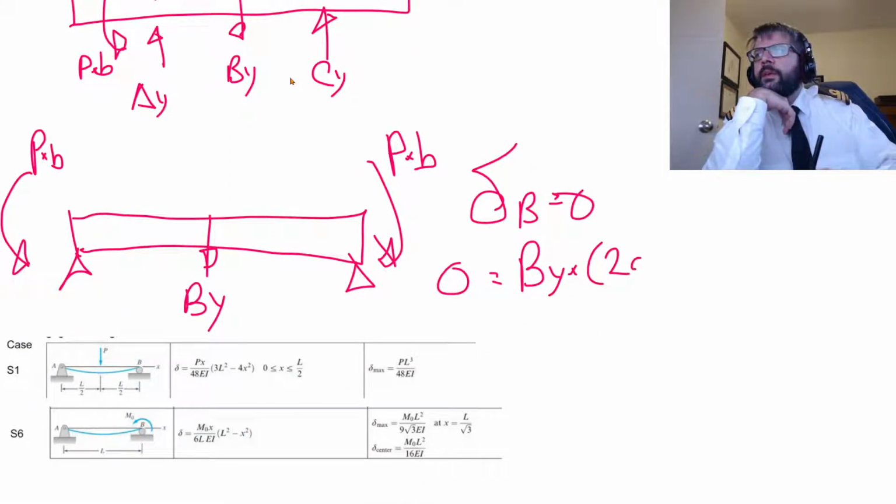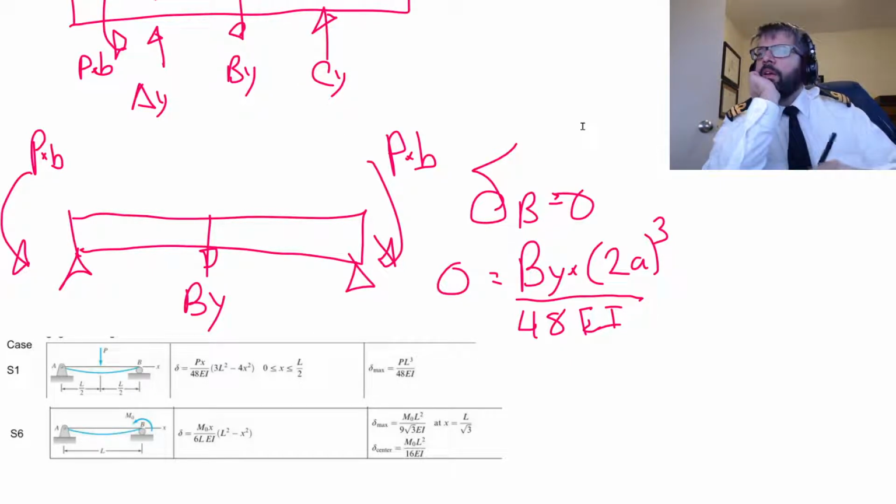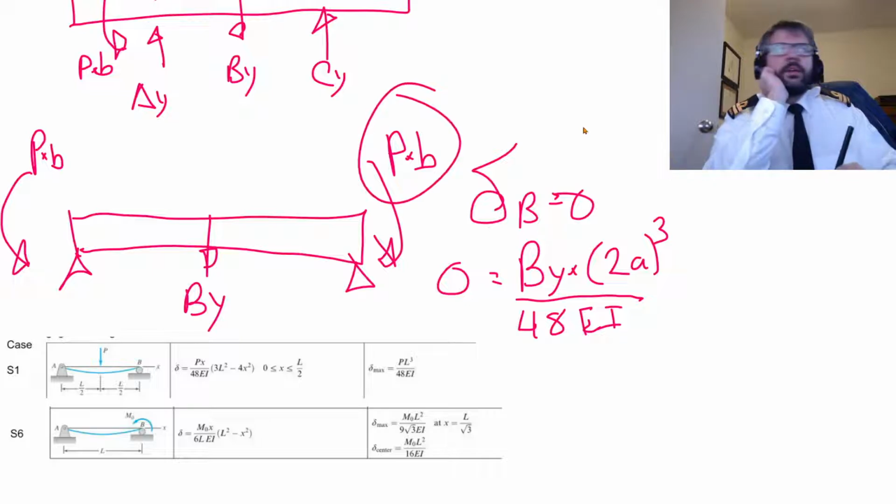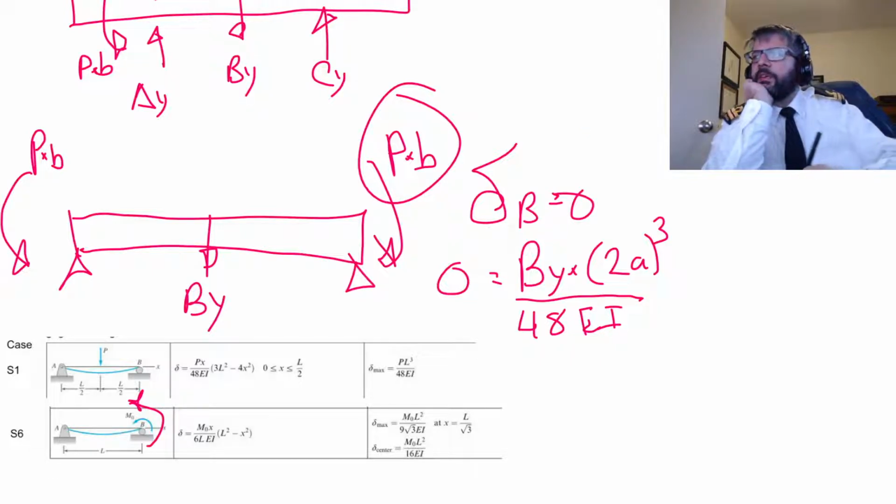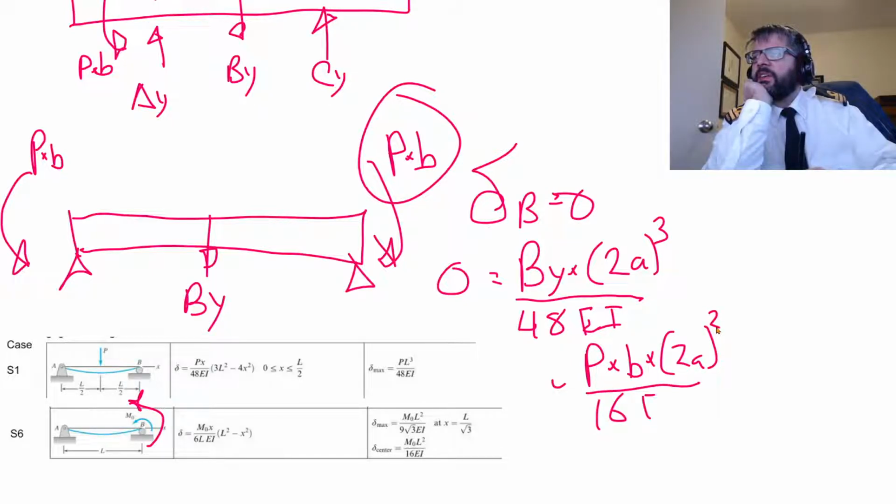So 2a cubed over 48 EI. And then PB here, so again, it's pulling in the opposite direction as this one shown here. So that's going to cause a negative displacement. Minus, so the M naught is just P times B times L squared, so 2a squared divided by 16 EI.